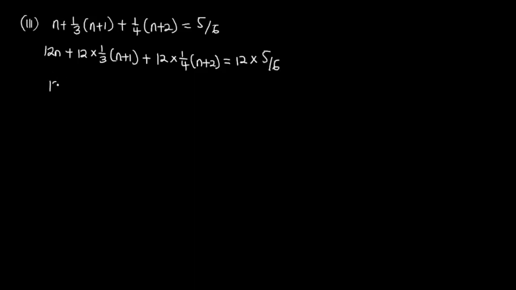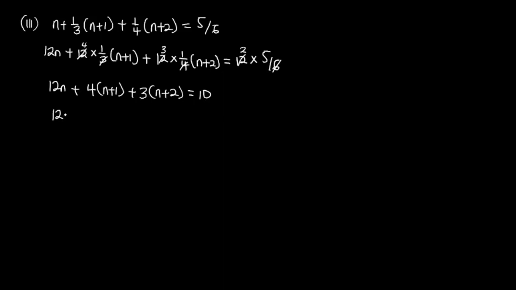So I still have my 12n here, plus 3 goes into 12 4 times, so it becomes 4 into bracket n plus 1. 4 goes into 12 3 times, so it becomes plus 3 into bracket n plus 2, is equal to 6 goes into 12 2 times, so 2 times 5 gives me 10 over here. From here I can now expand the bracket, group like terms, and then simplify my expression.